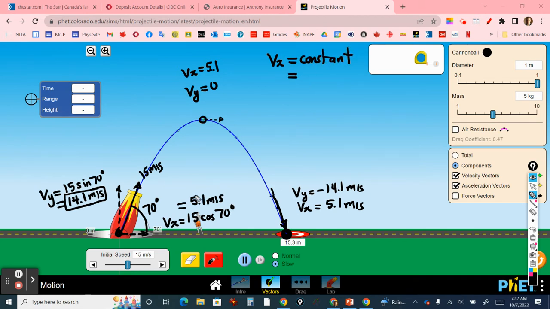And it is, well, in this case, it's 15 times the cosine of the angle. I don't want to write that down because if I use this angle here, it would turn into a sine situation. It's constant, and this determines your horizontal displacement.